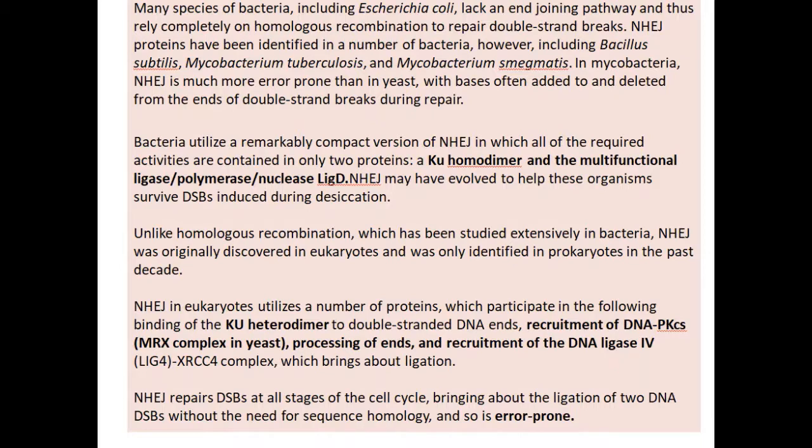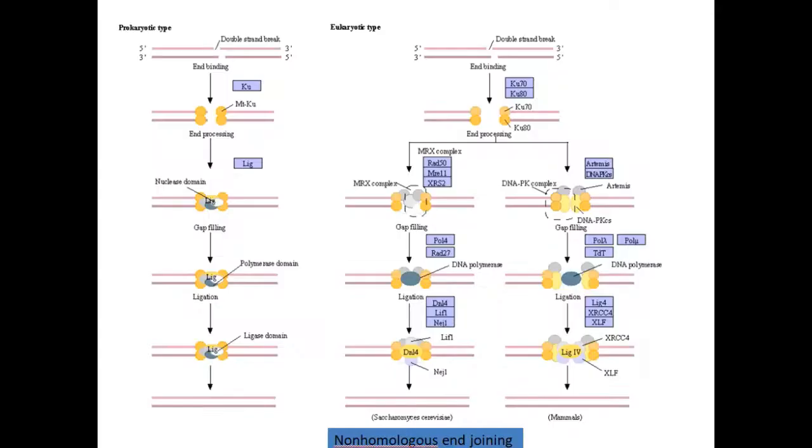One is a Ku homodimer, and the other is ligase D, abbreviated as Lig-D, which is a multifunctional enzyme having ligase, polymerase as well as nuclease action. So let's have a look at that.